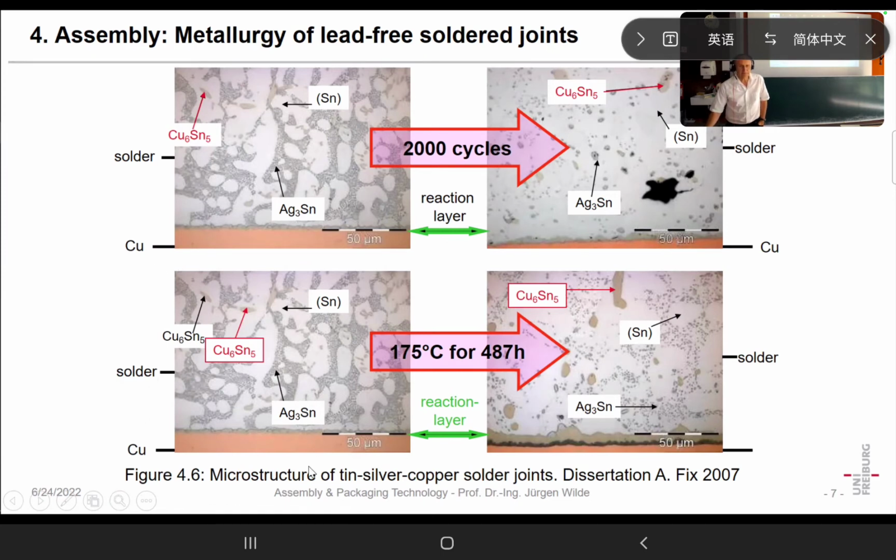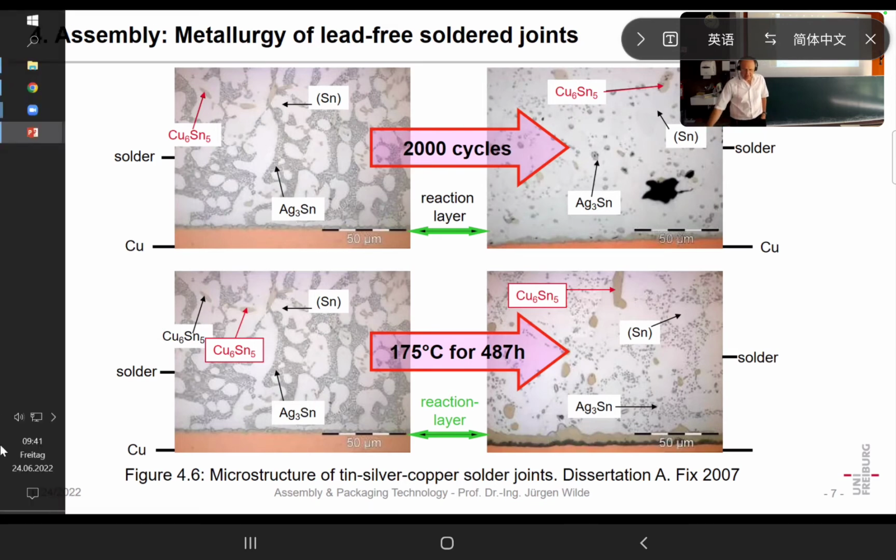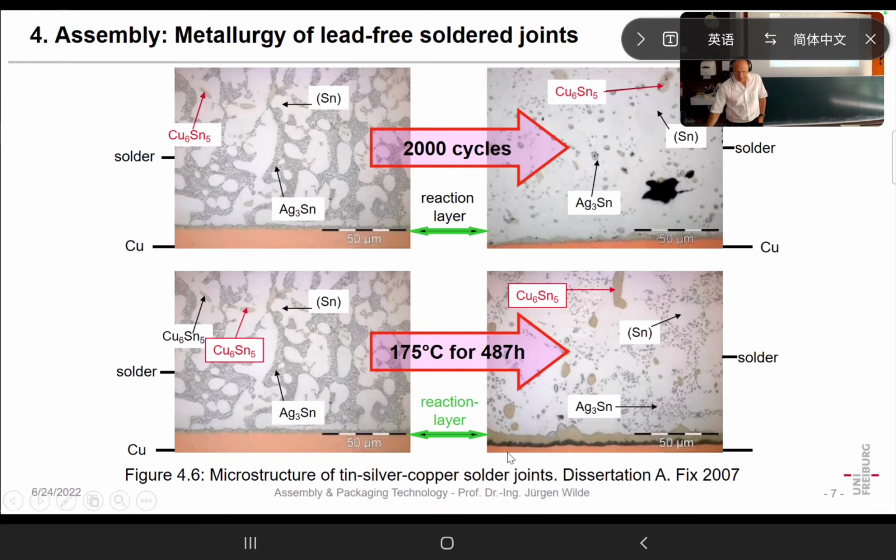Another thing that is important is we have an intermetallic layer here, and that layer is growing especially at high temperatures. And when that layer is thick enough, you can see that black line here. What is it? The black line?